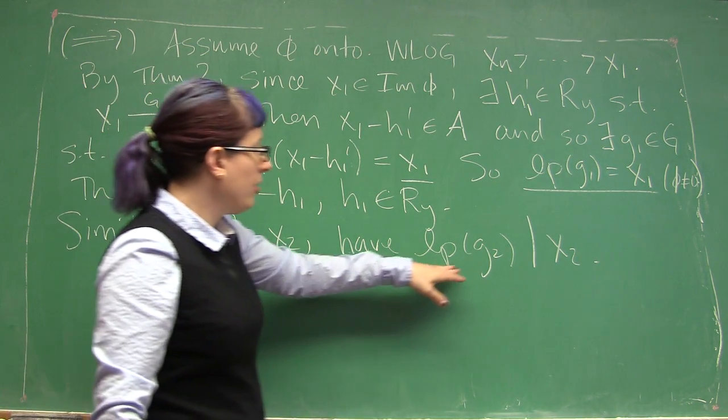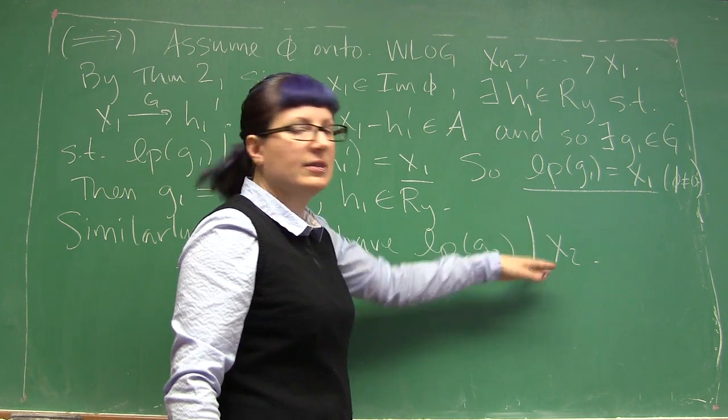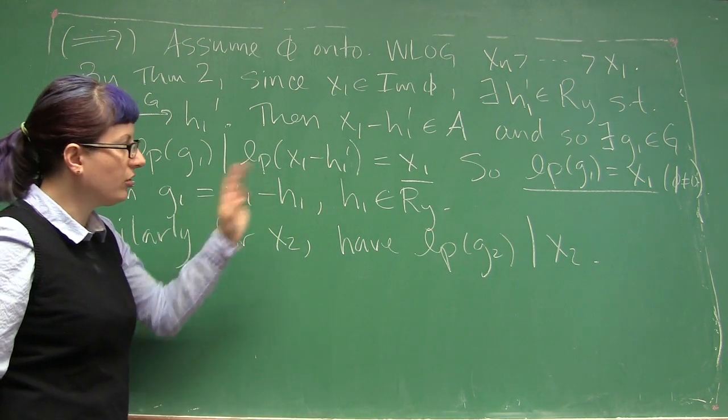Suppose that g2 had some x1 terms, right? Those are less than x2, so they could be involved.